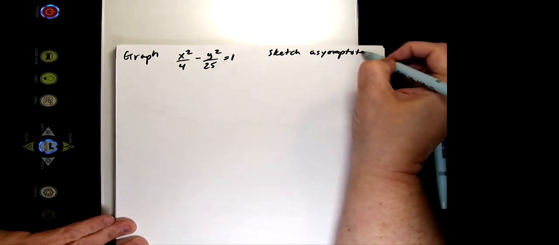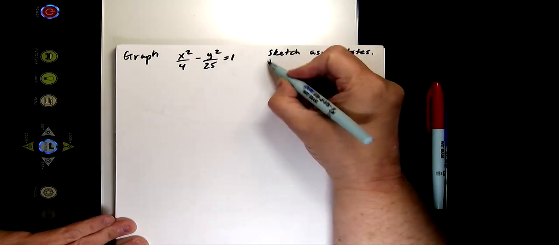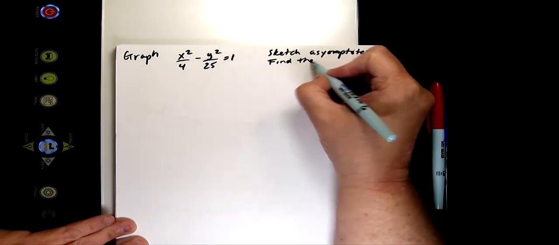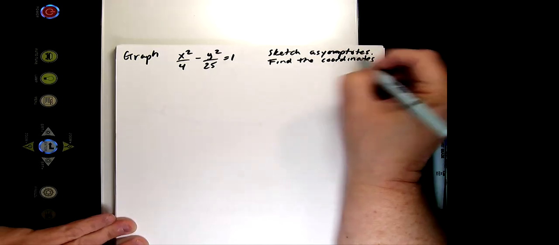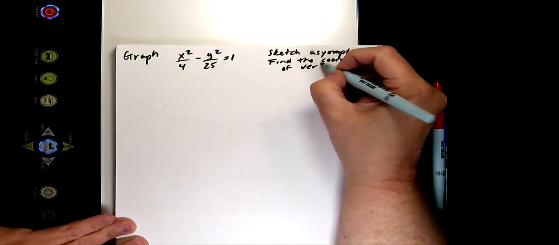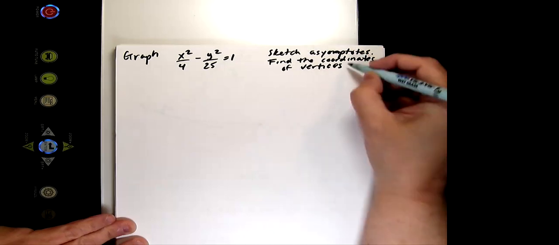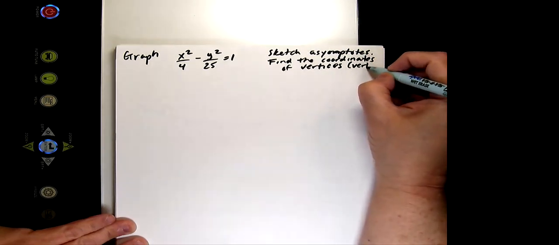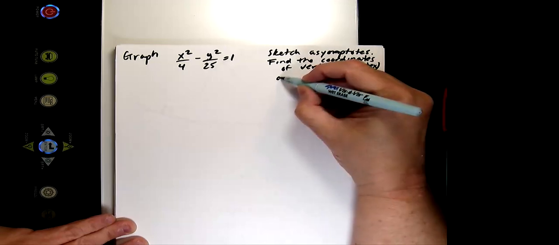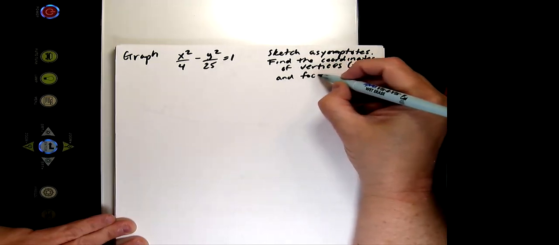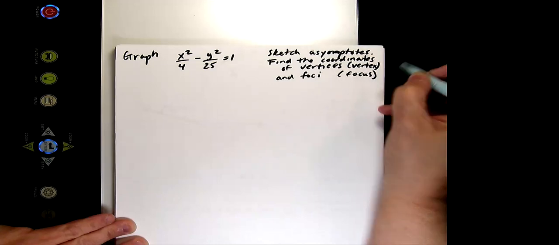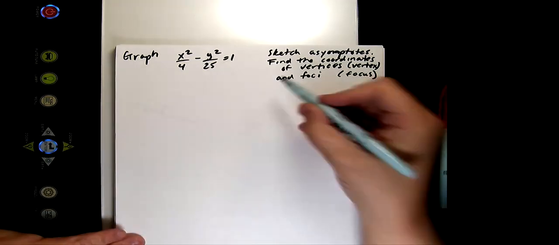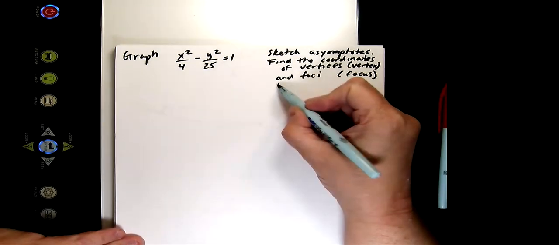Find the coordinates of the vertices and the foci. Vertices is plural of vertex, and foci is plural of focus. And why not? Let's do domain and range also.